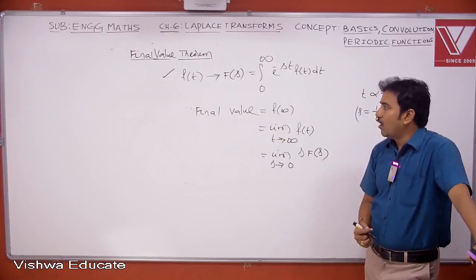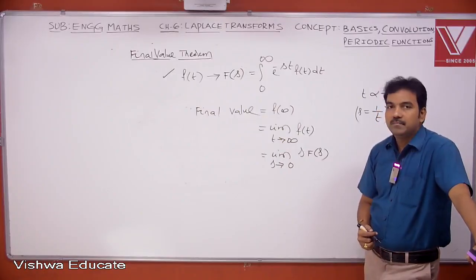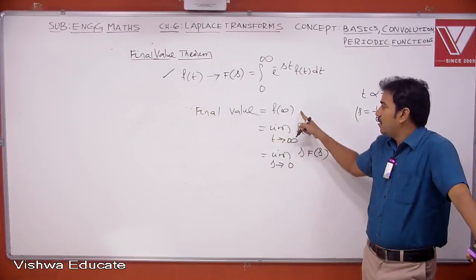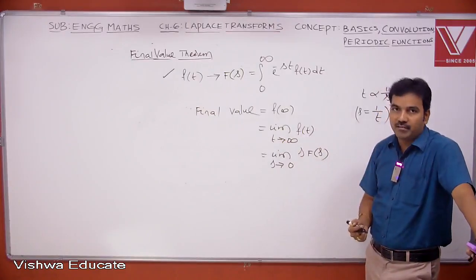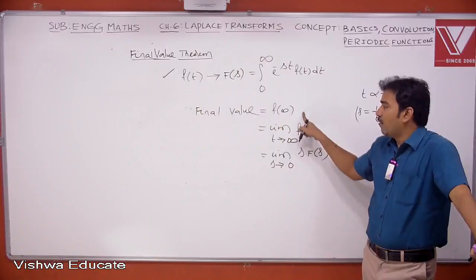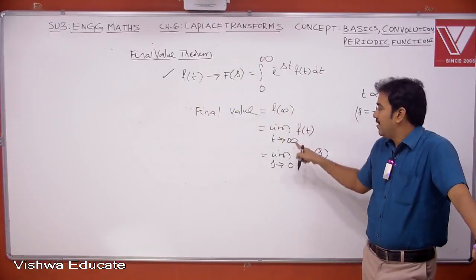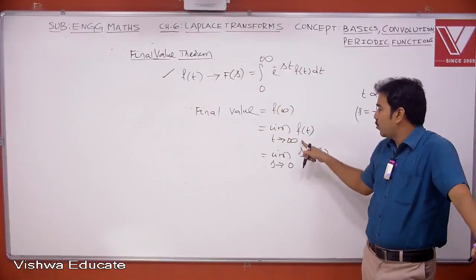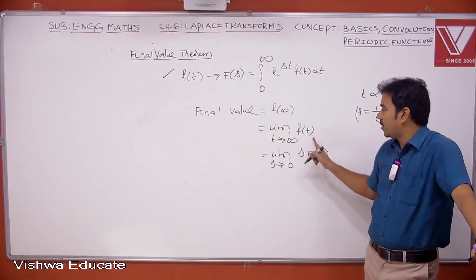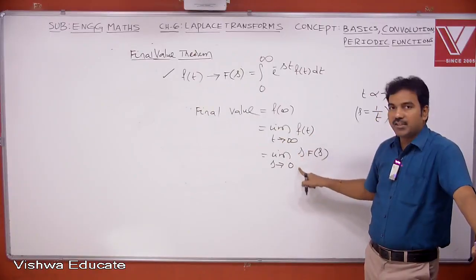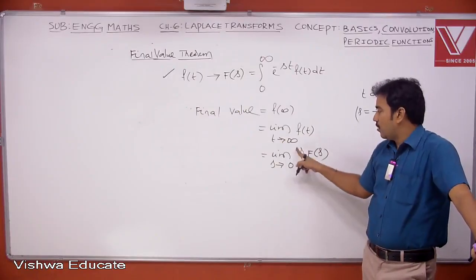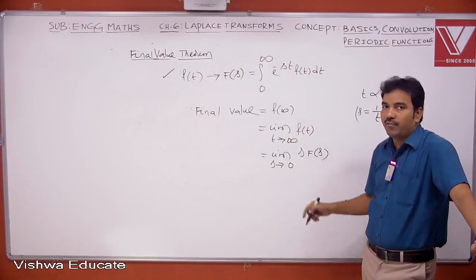Then the final value of f of t is given by final value equal to f of infinity, that is equal to limit t tends to infinity f of t, that is equal to limit s tends to 0 s into F of s.